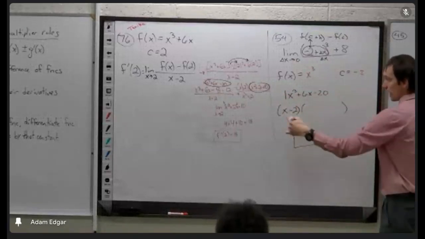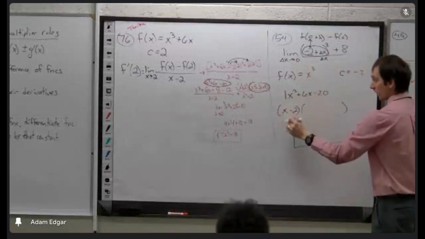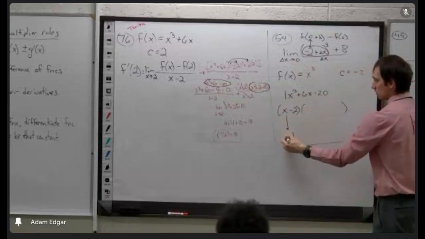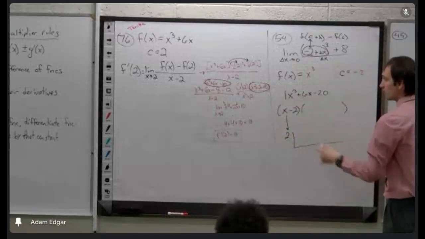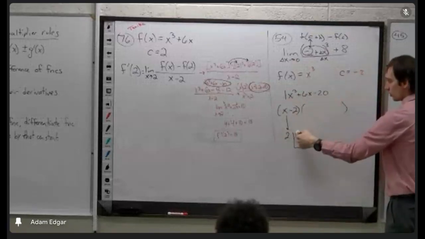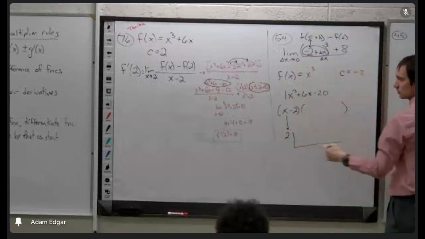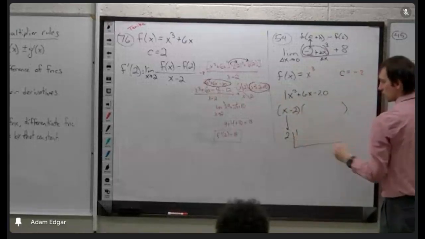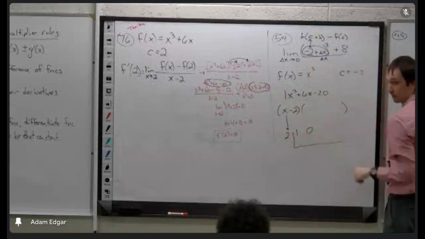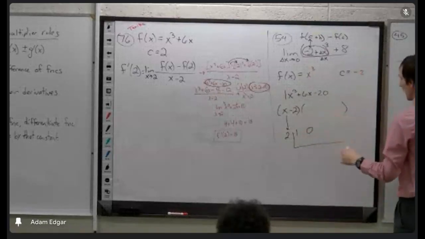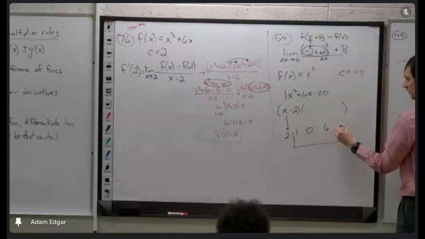So x minus 2, if you solve this, x would equal 2. So that goes outside your big L, then these guys' coefficients go inside the top of your big L. So you have a 1 for x to the third, and then you have a 0 for the x squared. Don't forget that. Then you have a 6 for the x, and you have a negative 20 for your constant.